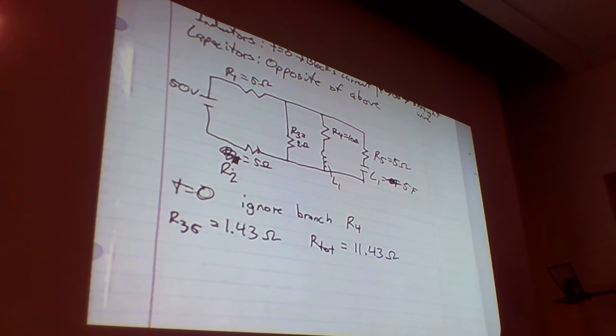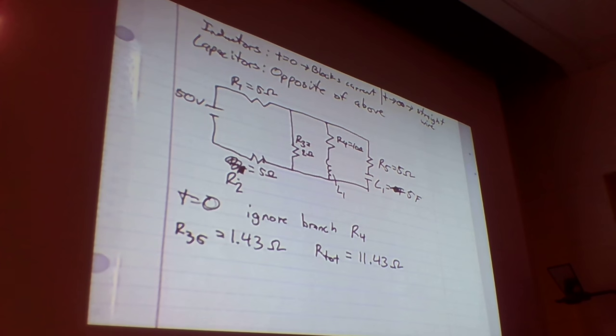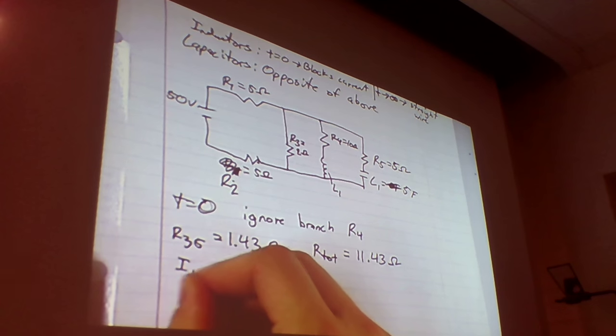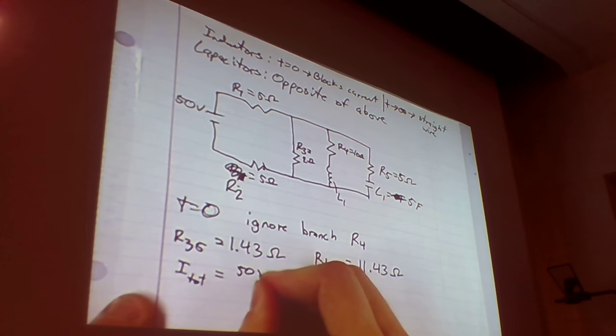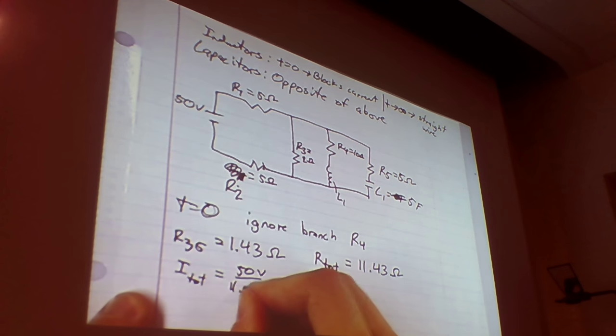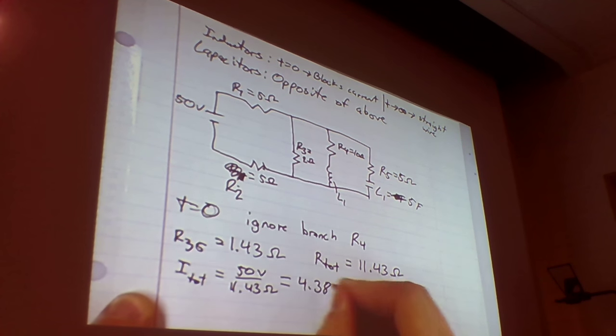Sorry, my numbers aren't very good, but that seems to be life most of the time. So your total current in this case will be 50 volts divided by 11.43 ohms, which equals 4.38 amps.